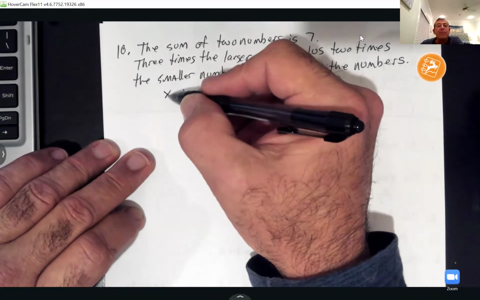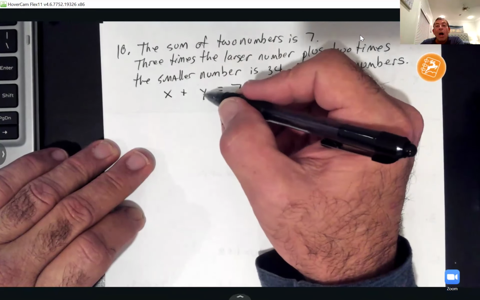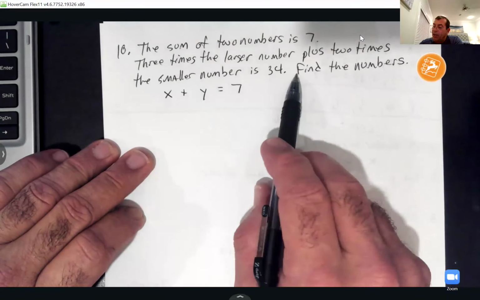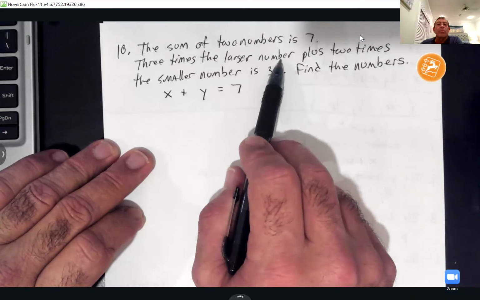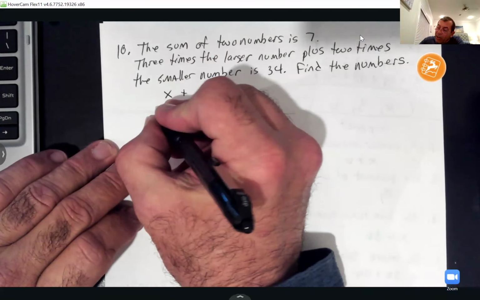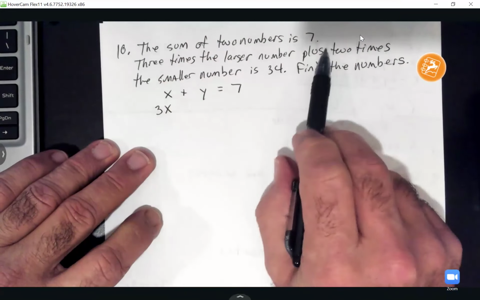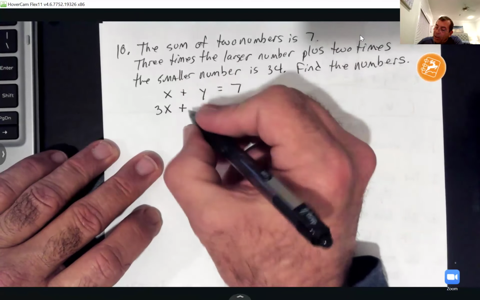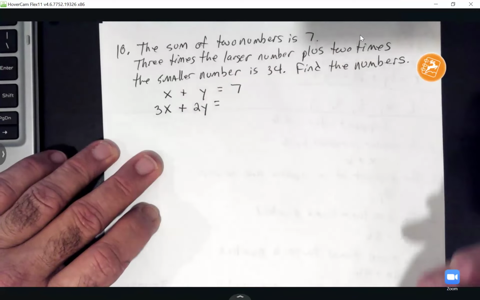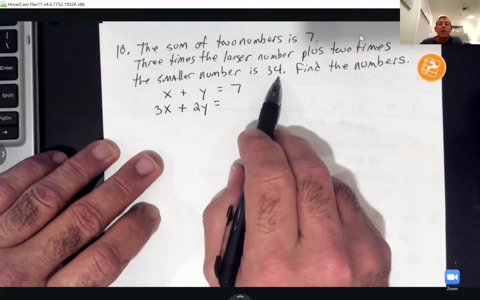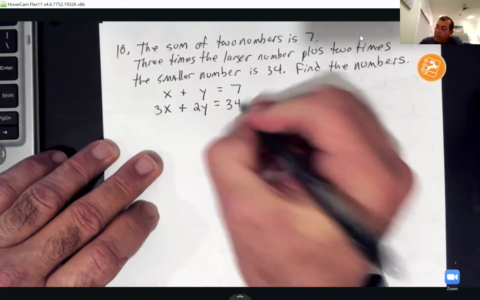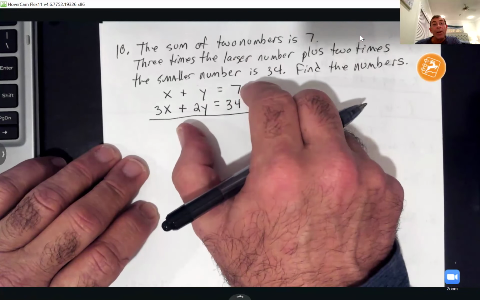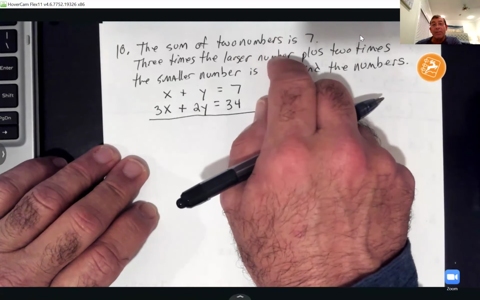If I make X my larger number and Y my smaller number, this gives me the second equation. 3 times the larger number, that'd be 3X, plus 2 times the smaller number, that'd be 2Y. And then remember, that's going to equal 34. So we just interpreted a 2-variable system from these 2 lines.